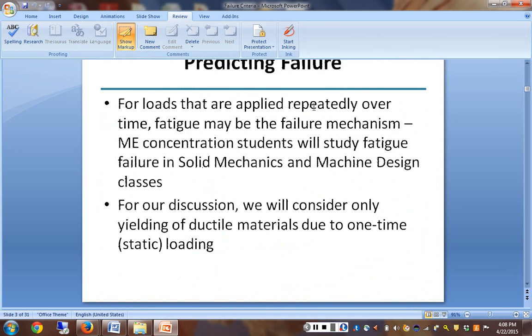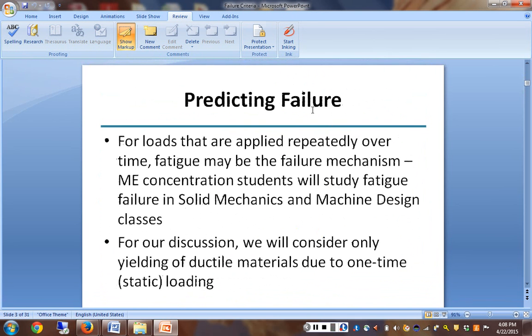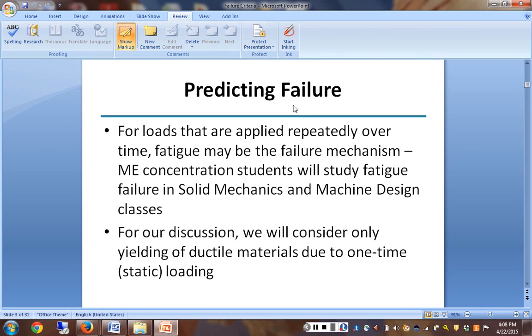So for mechanicals, the next course in the sequence is solid mechanics, 3624, and a very common thing in engines, in machinery of any type, is repetitive loading. You've got a drive shaft that rotates at some number of RPM, or you've got a bridge that has cars going over it squillions of times a week, or whatever.